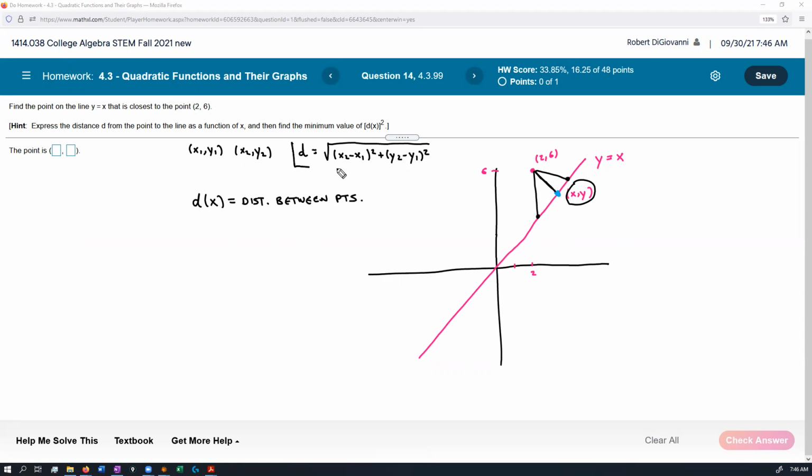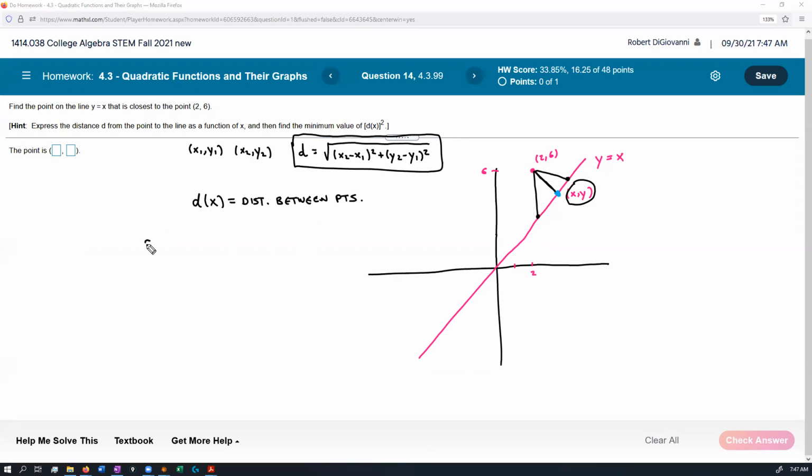That is a formula we have to know going into this problem. Given two points, this gives us the distance between them. We're going to come up with a formula for the distance between these two points, and then we're going to see where it's the smallest.